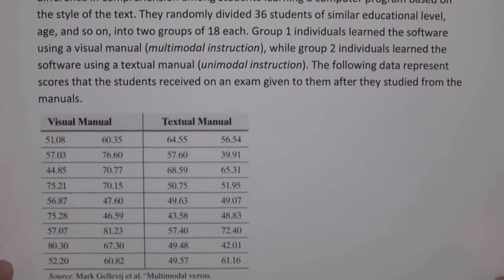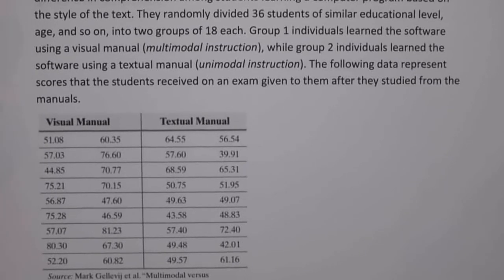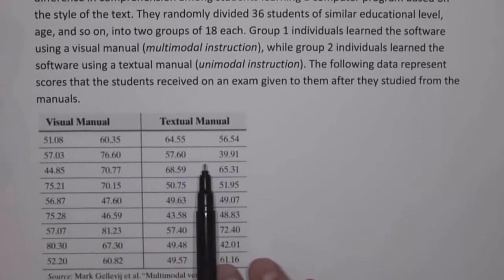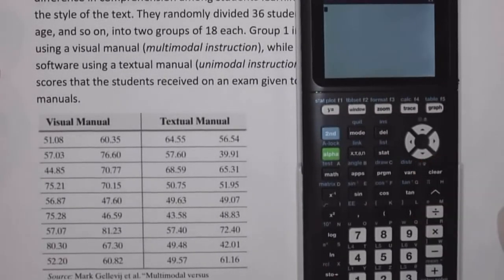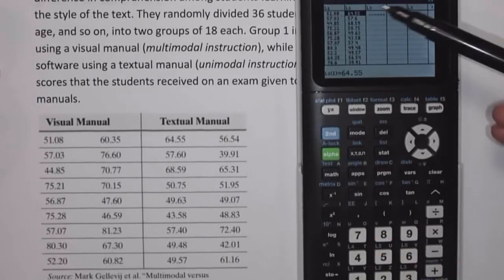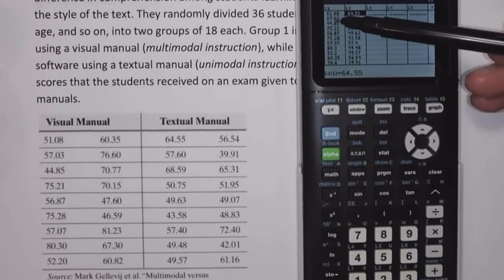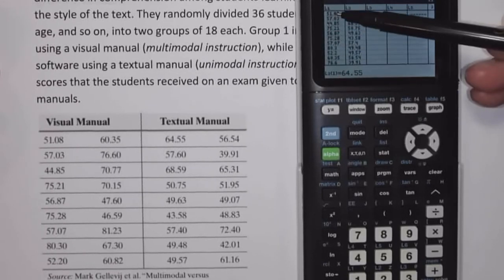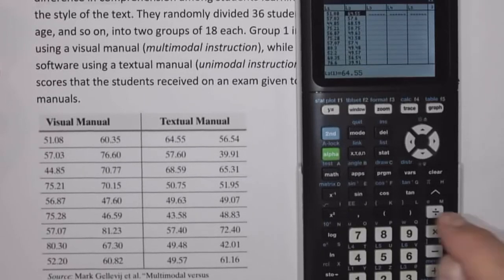So if I bring back the data, first of all, we have data, and so we're going to need to calculate the mean and the standard deviation for both the visual manual and the textual manual students. So I'm going to use my calculator to do that. If I go to Stat and Edit, I have already entered these data into my calculator. So I have the visual manual data in list 1, and I have the textual manual data in list 2.